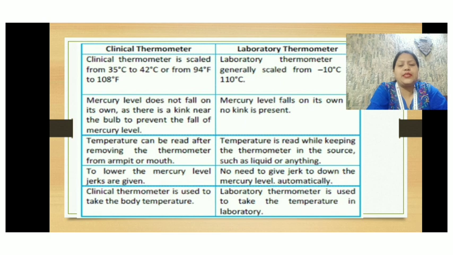The last point is the clinical thermometer is used to take the body temperature, whereas a laboratory thermometer is used to take temperatures in the laboratory. These were some of the differentiating points between clinical thermometer and laboratory thermometer. I hope you understood, students.